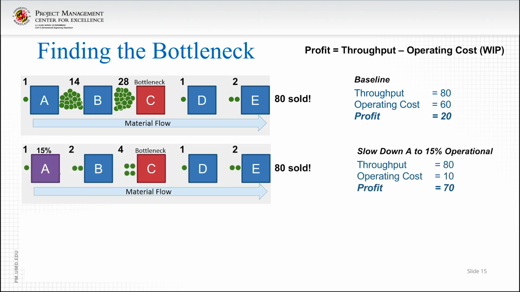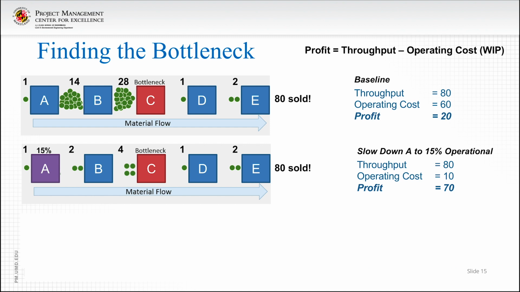Now, what if, in order to serve the bottleneck better, we were to reduce the operating efficiency of A so that it only operates 15% of the time? If we did this, based on the math that you see here, where A produces 14 times more work than B can handle and 28 times more work than C can handle, then we can actually reduce the amount of work in progress and still not affect the throughput at all because the bottleneck is still at C. This is something that we need to internalize and understand: throughput is always limited by the bottleneck.